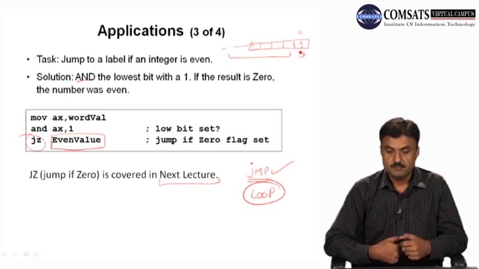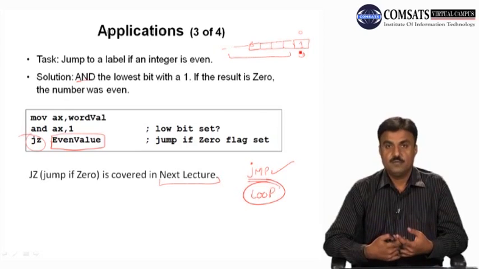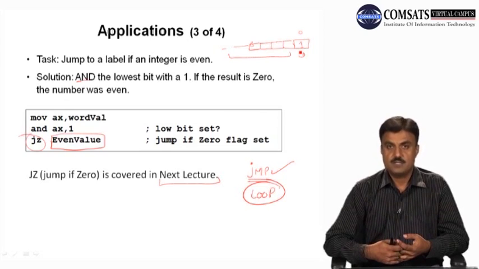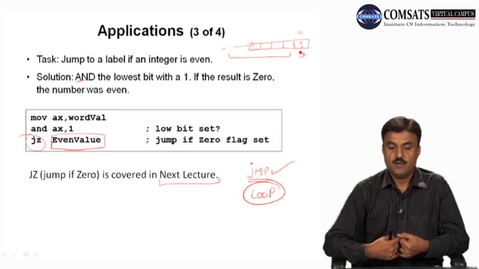So we perform an AND operation of the lowest bit with 1. If the result is 0, then the number was even. If the result is not 0, then the number was odd.